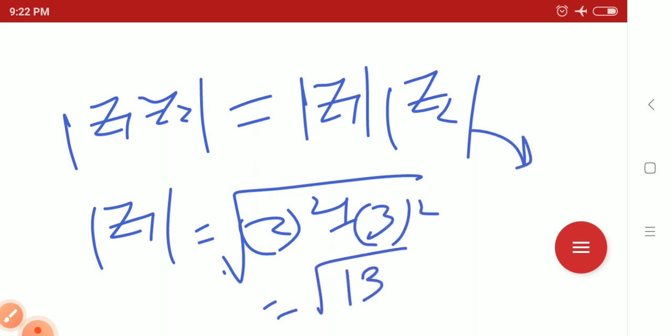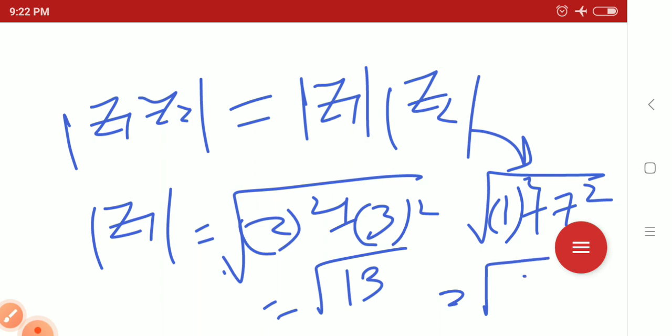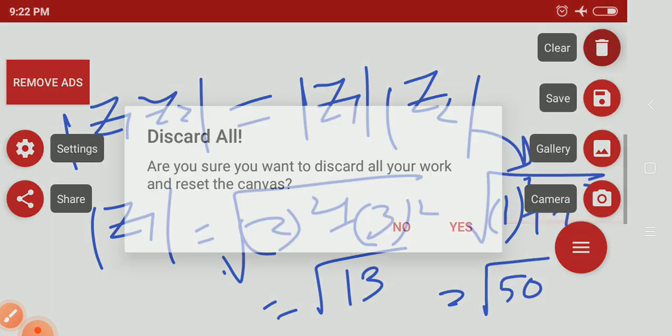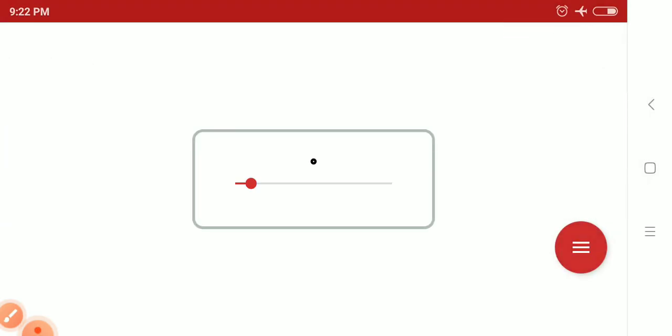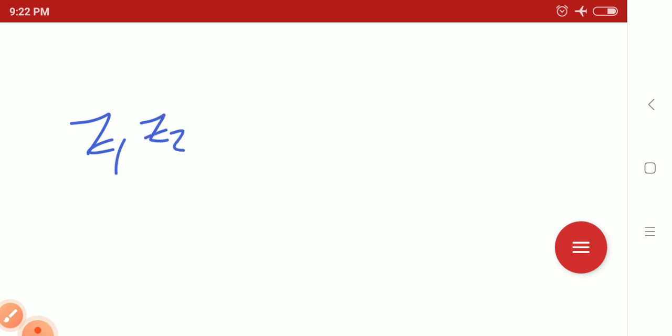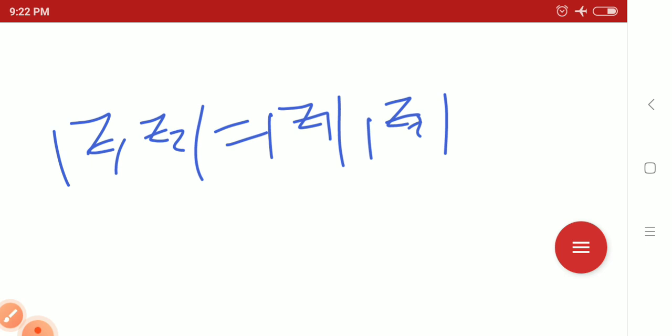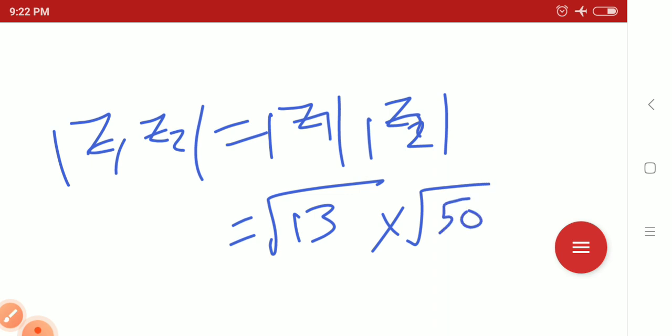And mod of z2 will be what? 1 square plus 7 square, that means root 50. So mod of z1 z2 will be mod of z1 into mod of z2. Mod of z1 is root 13, mod of z2 is root 50.